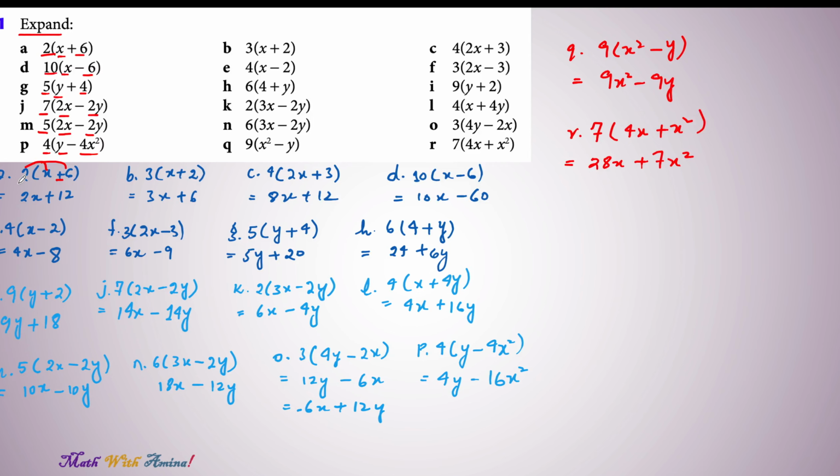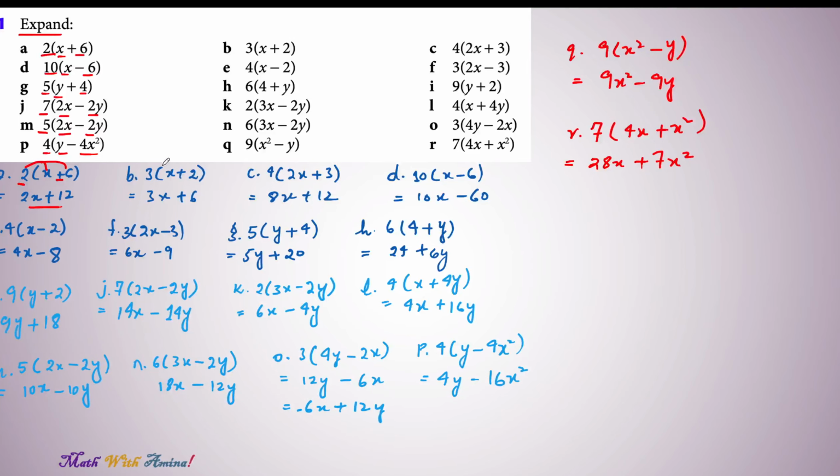The outside term should be multiplied with each term inside the bracket. And the third thing that's very important, we see if there is further room for simplification. 2x plus 12, these are two different terms, they cannot be further simplified, so this will be our final answer.